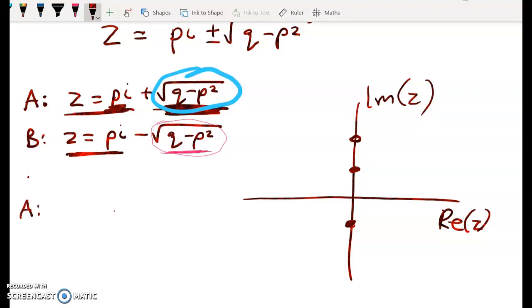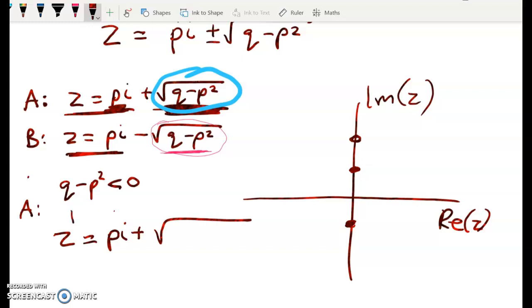For point A, if q minus p squared is less than 0, what do we get? We get z is equal to pi plus, and we know that if q minus p squared is negative, then p squared minus q is positive.